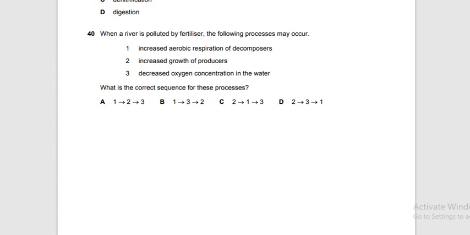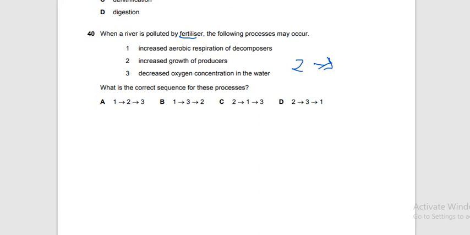Now, once there are more fertilizers, that means algae will bloom, and algae in that case are the producers. So there will be an increase in producer growth. So first is true, so our answer can be either C or D. Now, once there is an increase in algae growth, the next thing will be increased aerobic respiration of decomposers.